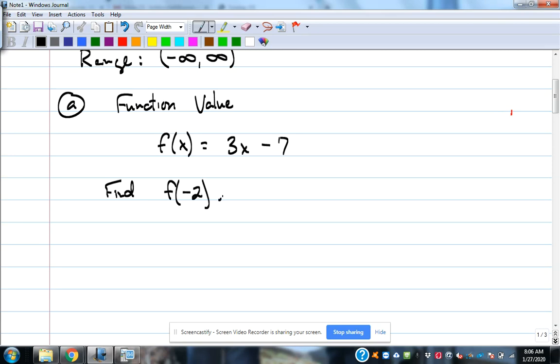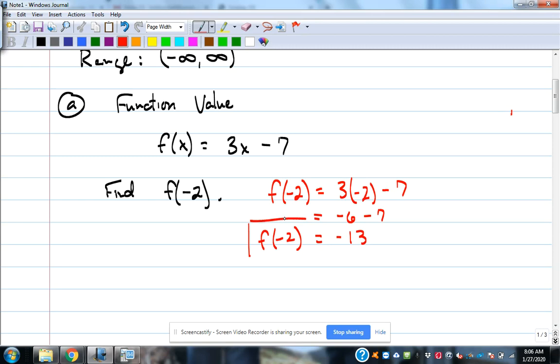What do we do? Yeah, put a negative 2 in the place of x and work it out. That'd be negative 6 minus 7, negative 13. So f of negative 2 is negative 13.